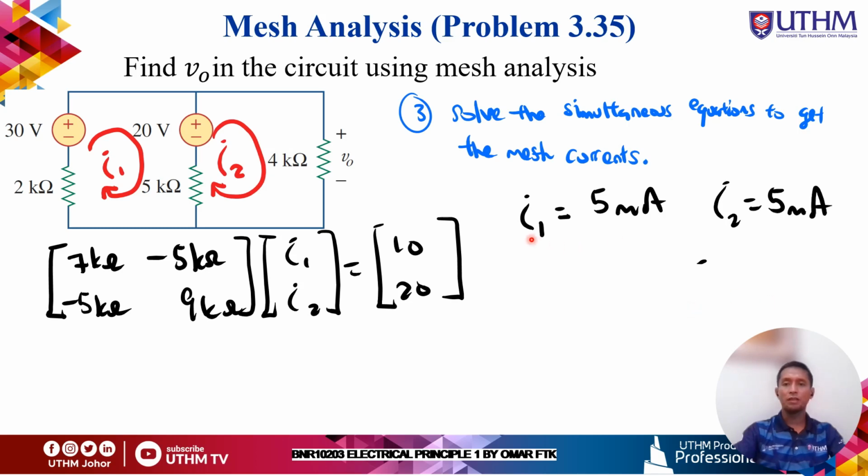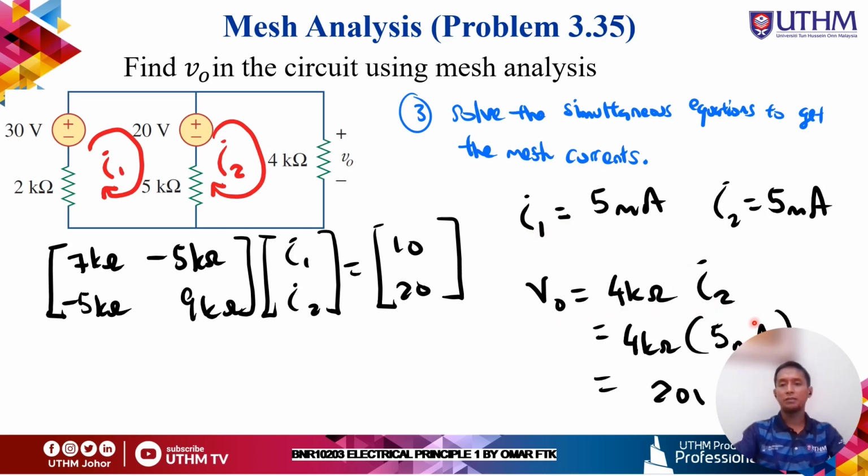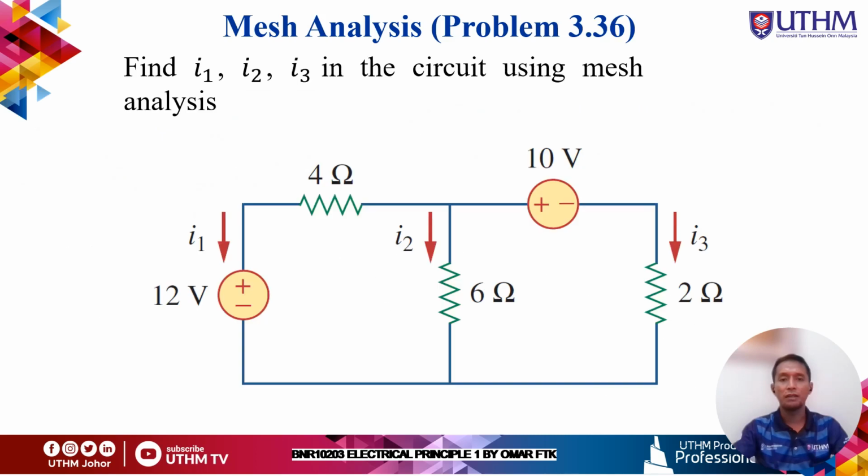So then we get I1 and I2. From I2, we have 4k times I2, so this will be 20 volt. Alright, then we proceed with the next question.